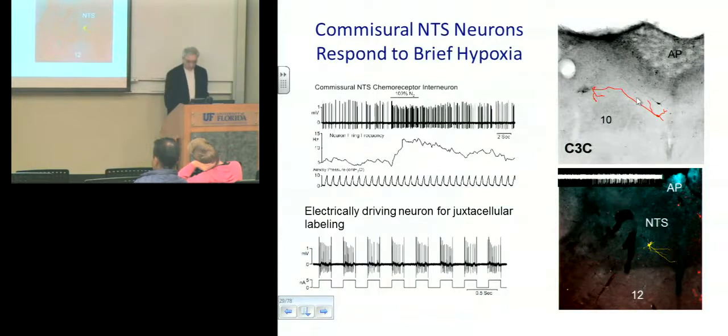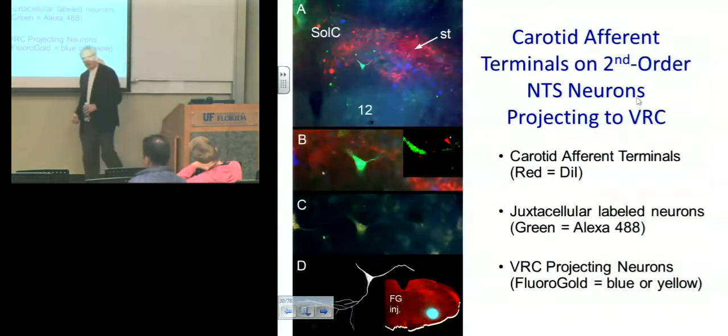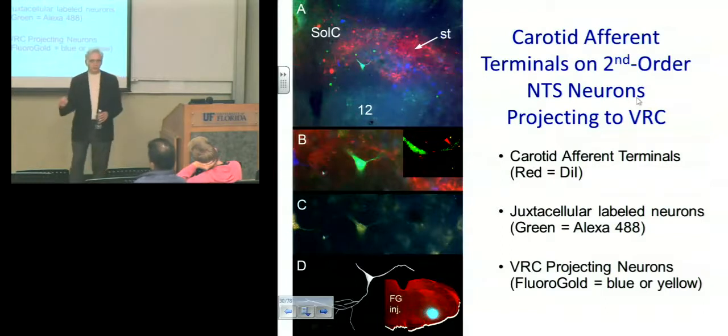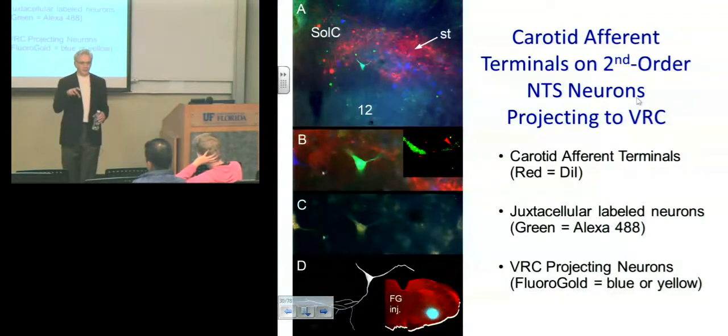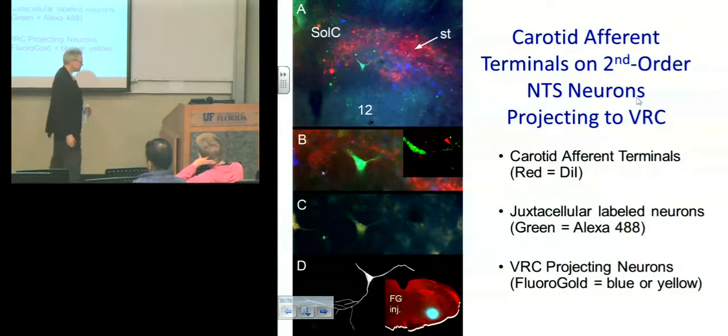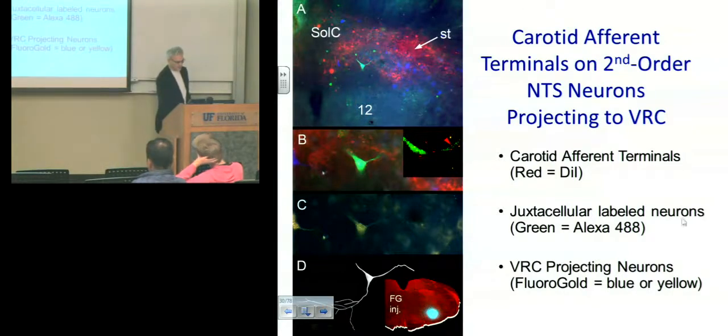And you can also do that in combination now with labeling the primary afferent terminals, as well as retrogradely labeling from the VRC and the juxtacellular labeling. So triple labeling, looking at the integration of primary afferent input to cells in the NTS and their output. In this case, this is a coronal section through the nucleus of the solitary tract.